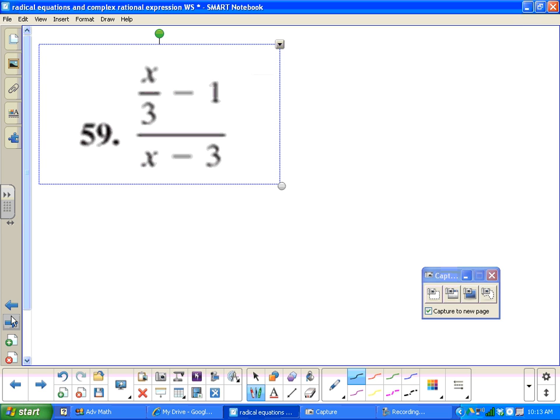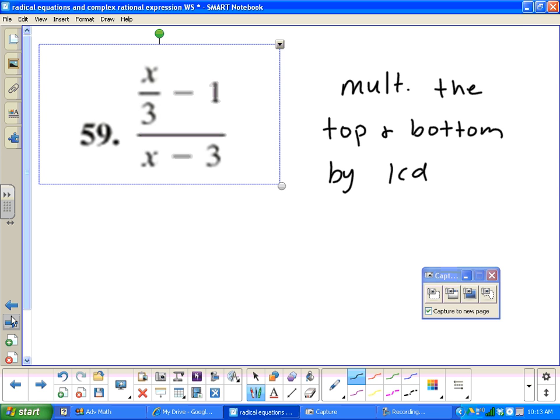Okay, now here's the strategy. What we're going to do is multiply the top and the bottom part by the least common denominator.